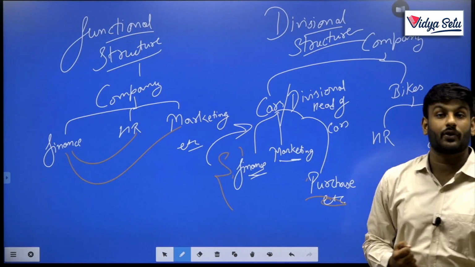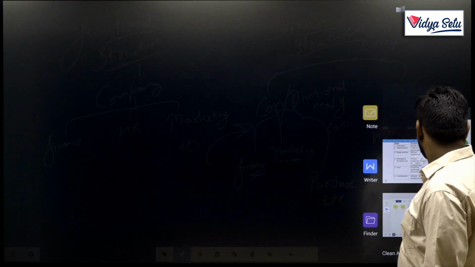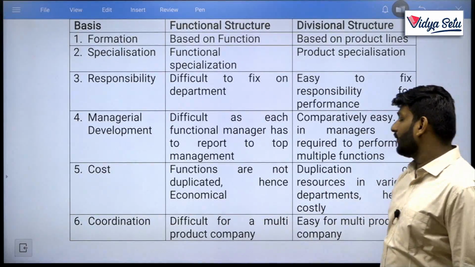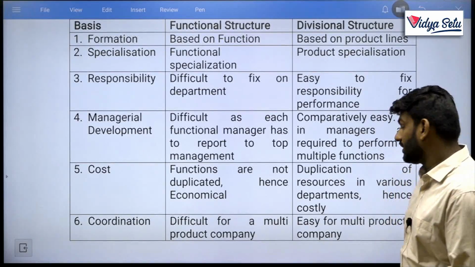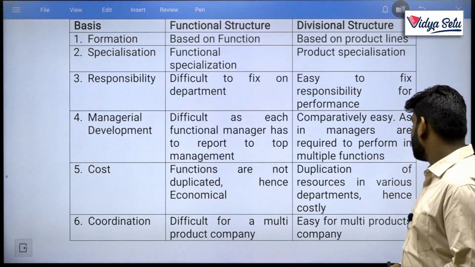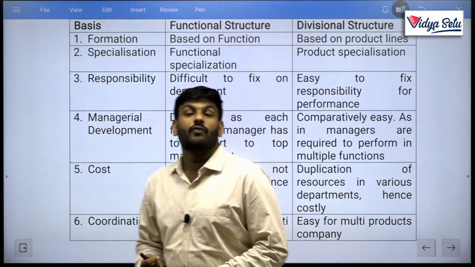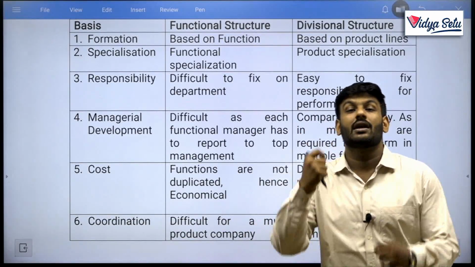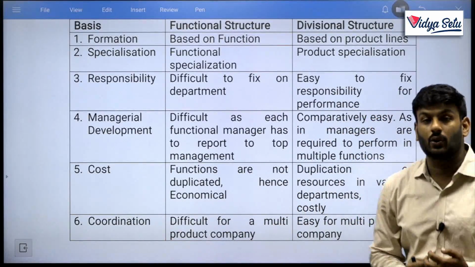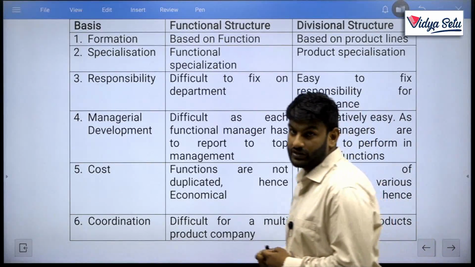They make their product a specialization. Functional structure is difficult for a multi-product company in terms of coordination, but divisional structure is easy for a multi-product company. In functional structure we cannot do coordination, but in case of divisional structure we can do the coordination between different functions. Clear?